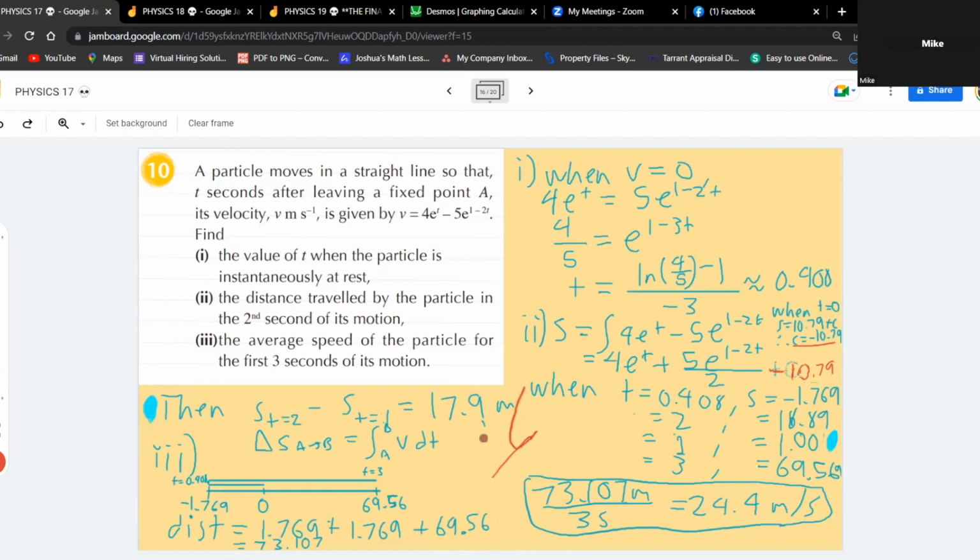So, okay, total distance over total time. Okay, sige. So, okay na. Yung sa 16b11.